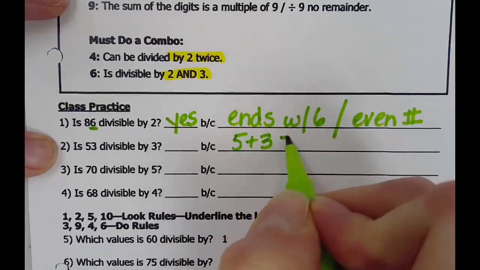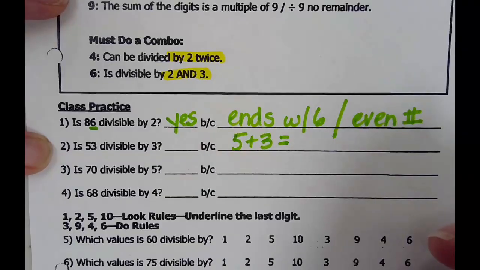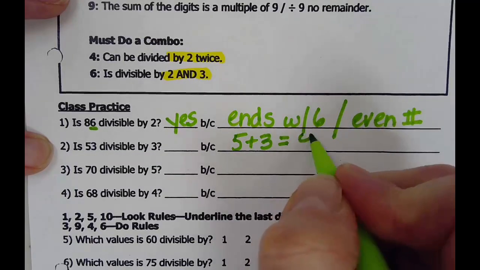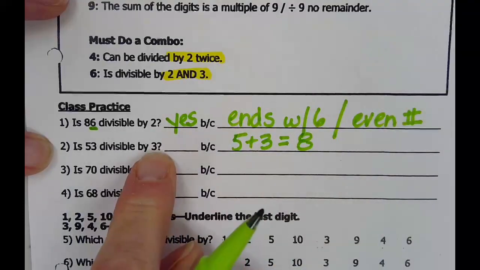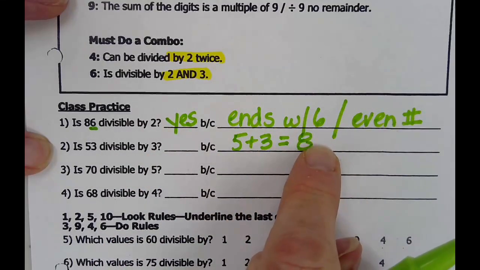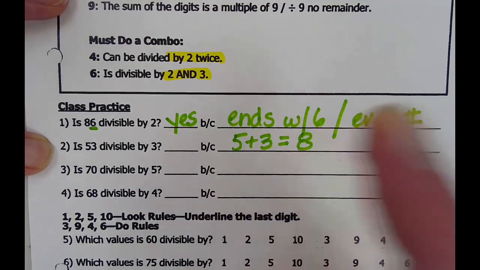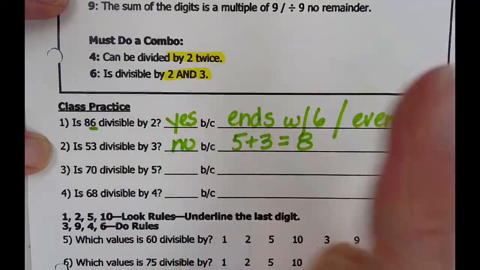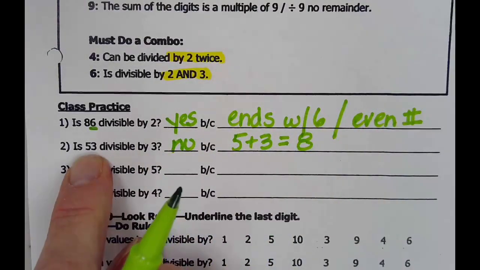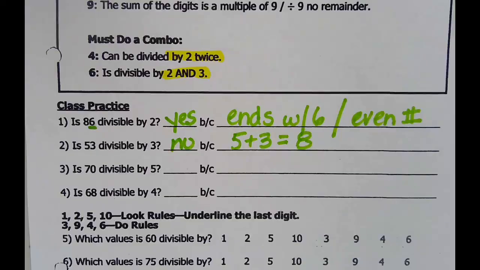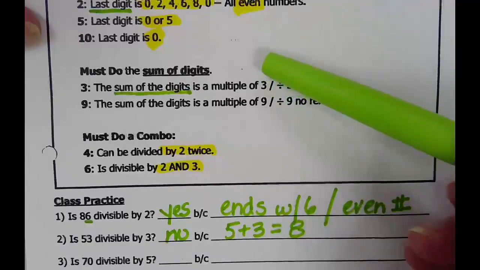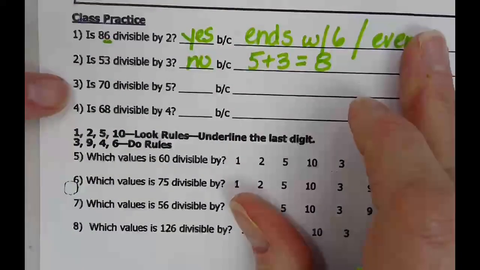Add them together. So if I add them together, what do I get? 8. Does 3 go into 8 evenly? So this is a no. That means 3 will not go into 53 evenly. It has to add up to a number that 3 will go into, that's either a multiple or divisible by 3.